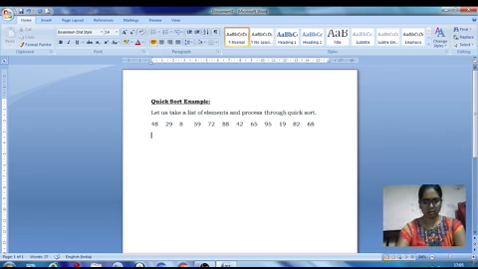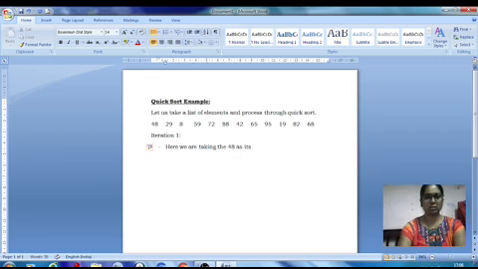We will consider iteration 1. Here we are taking 48 as the pivot number.